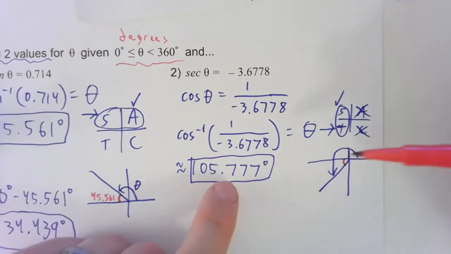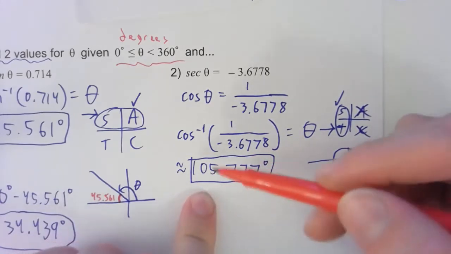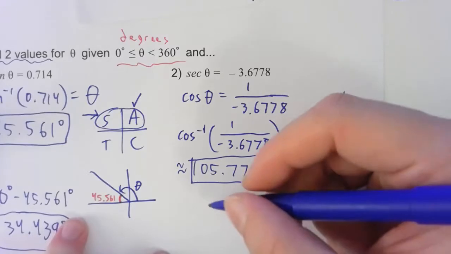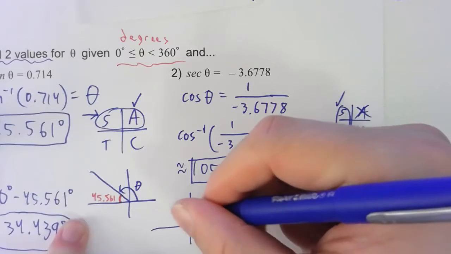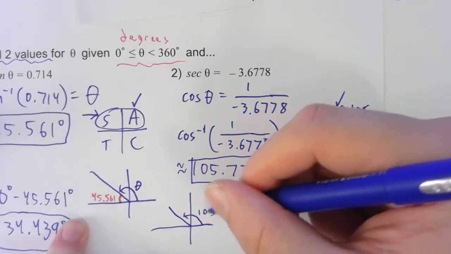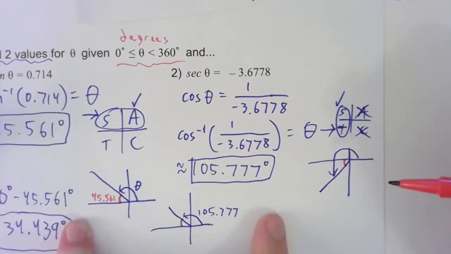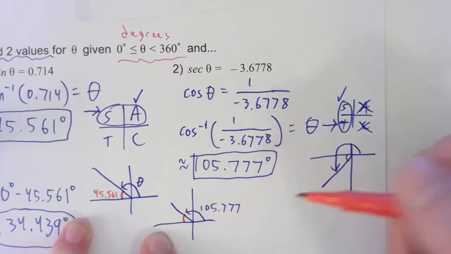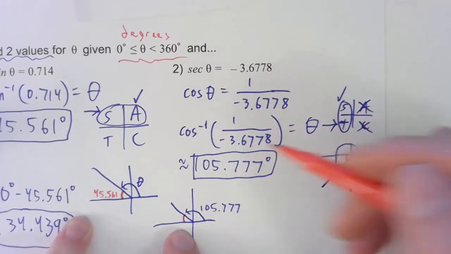But remember, if these angles have the same trig values, they have to have the same reference angle. So whatever the reference angle is here is going to be the reference angle here. So let's draw this one. This is second quadrant. So over here is the 105.777. Whatever its reference angle is, this is the reference angle. Because they both have to have the same adjacent over hypotenuse for this reference triangle. If I draw a reference triangle here, the adjacent over hypotenuse is this number. It has to be the same thing here.